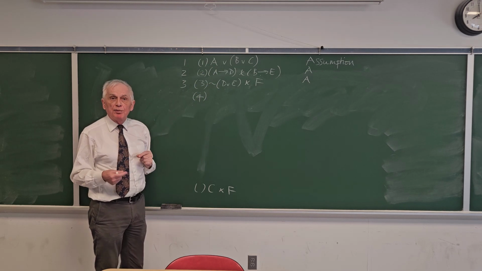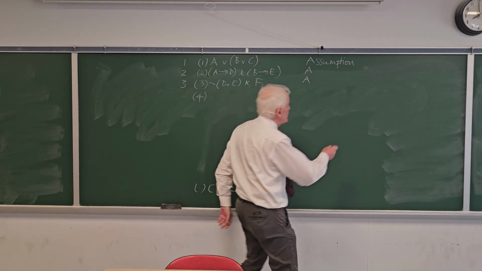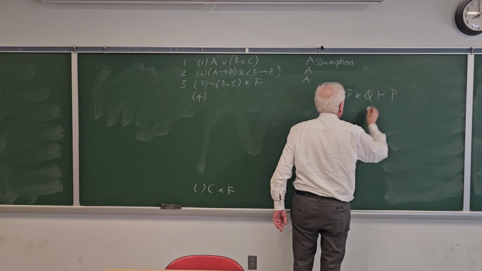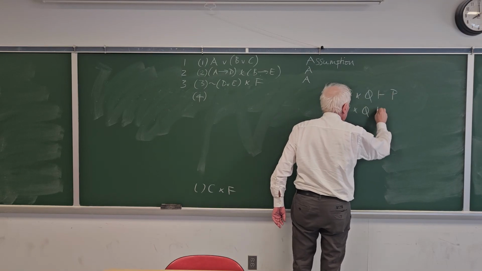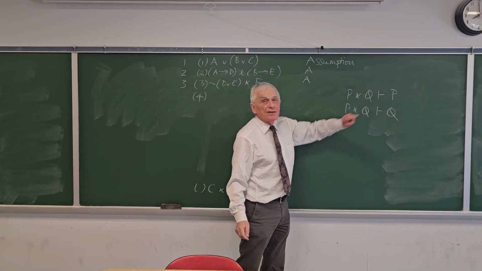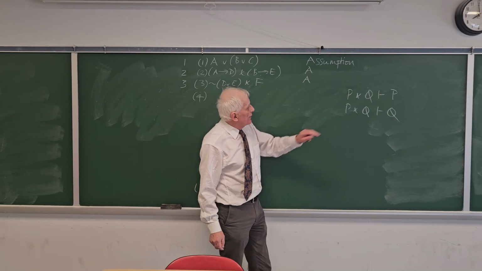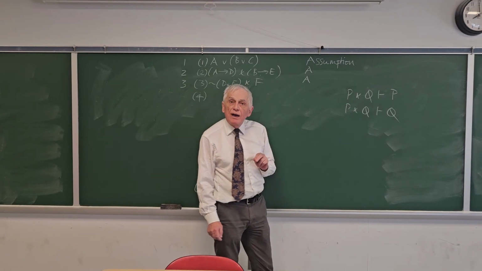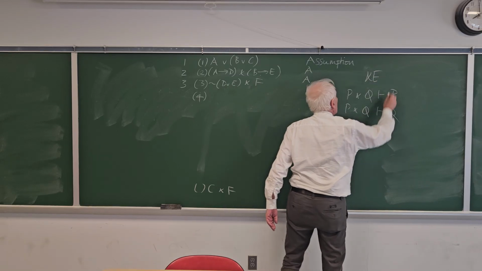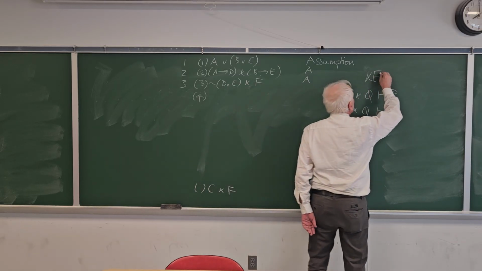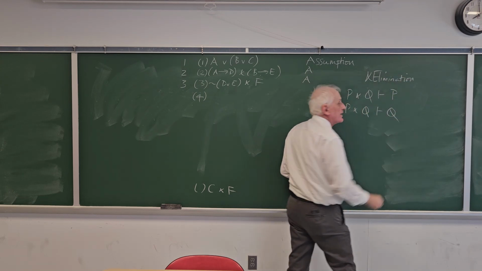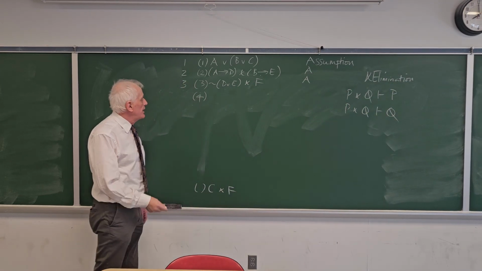And I'll give you one example of a truth-preserving rule here, which is that if a conjunction is true, then its left conjunct must be true. And if a conjunction is true, then its right conjunct must be true. This is the rule that in our system is called ampersand elimination. That's not a name I like particularly, but that's the name they give it.